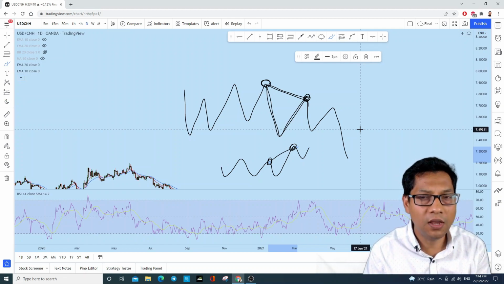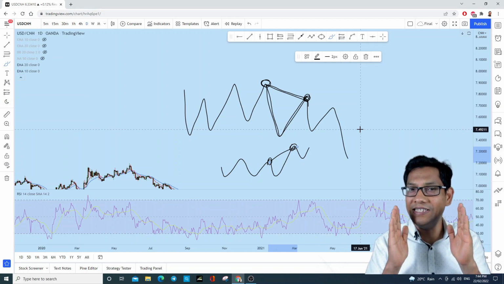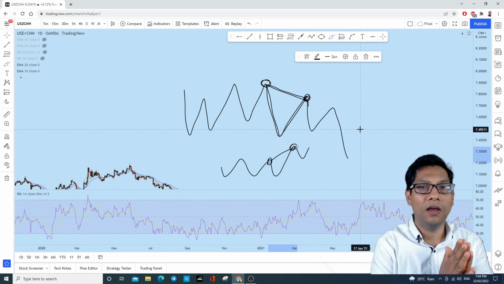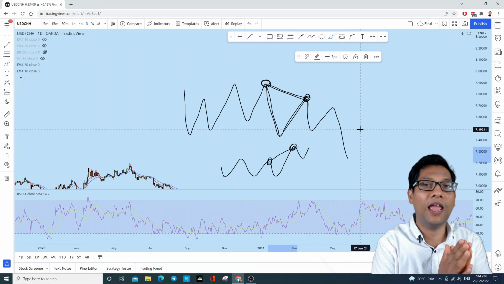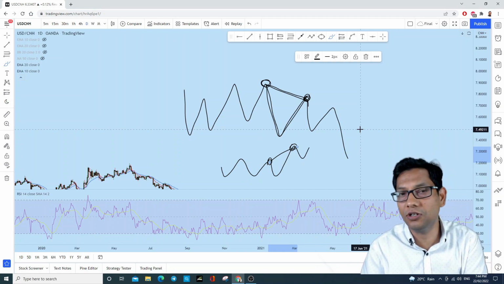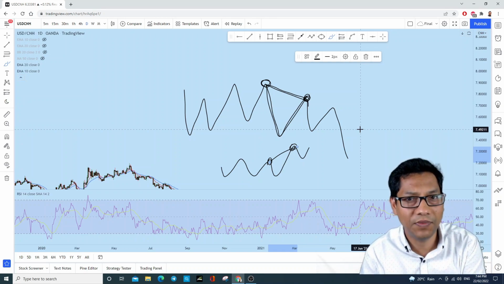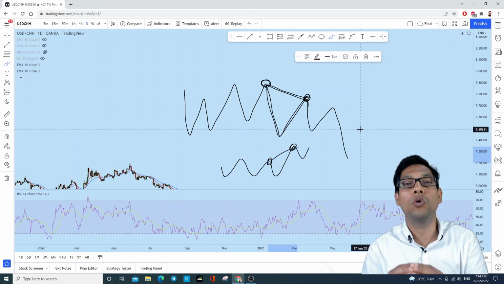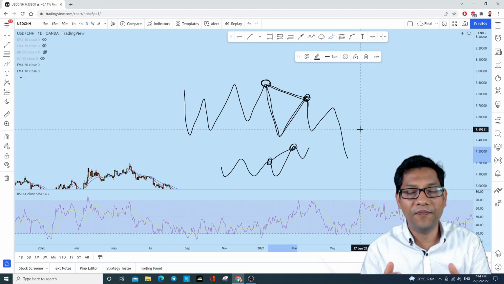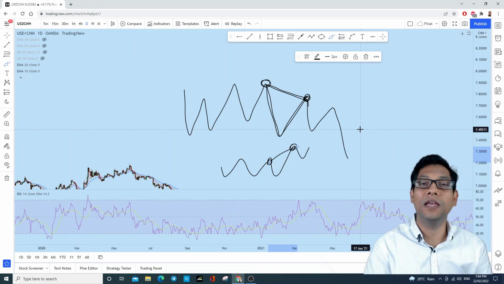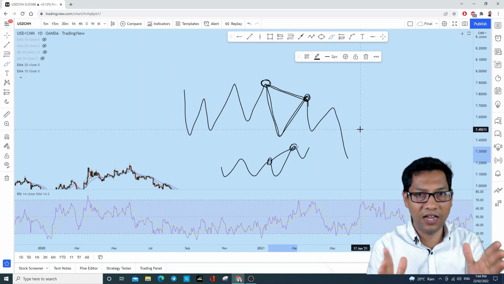Again, I am explaining, when you see a disagreement between the chart and the momentum indicator, such as the RSI indicator, that is called divergence. Now if it happens in RSI, that is called RSI divergence.